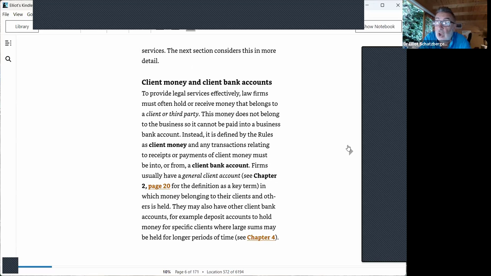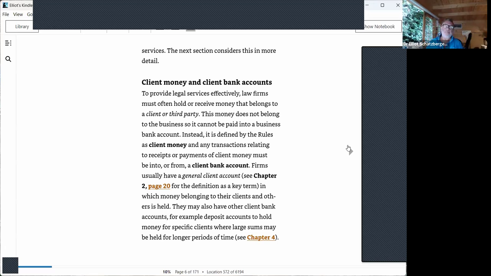It either belongs to your client or it might be for someone else, okay? Like Land Registry, like council, it could be for anybody else, but it isn't for you. So therefore, anything that isn't for you must go into your client bank account.